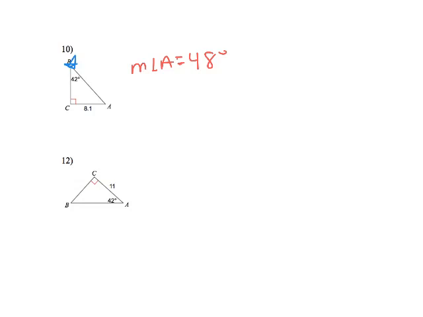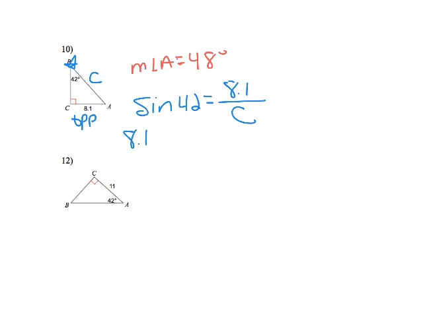I'm going to find the hypotenuse first, so I'm going to look for lowercase c first. I have the opposite. This is the opposite right here, and I need the hypotenuse, so that means I'm working with sine. So sine of 42 equals opposite 8.1 over hypotenuse, or I've named it C as it is across from angle C. Remember, your side length goes into your calculator first, 8.1.